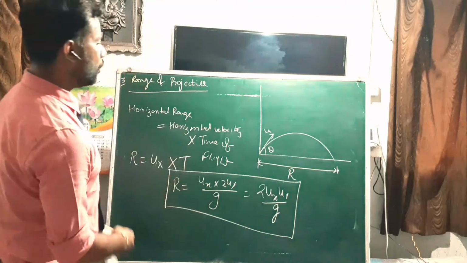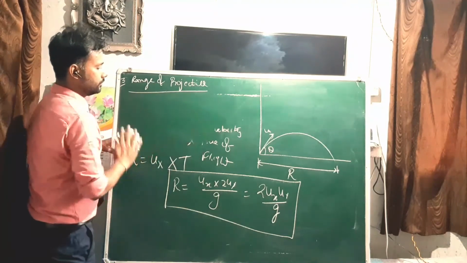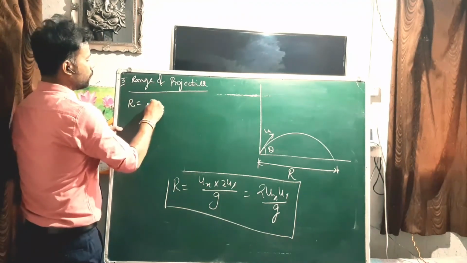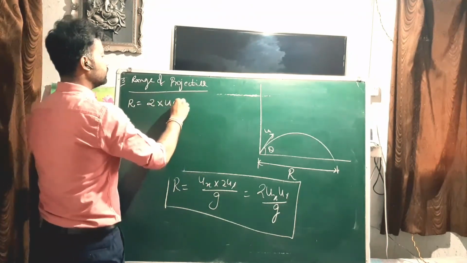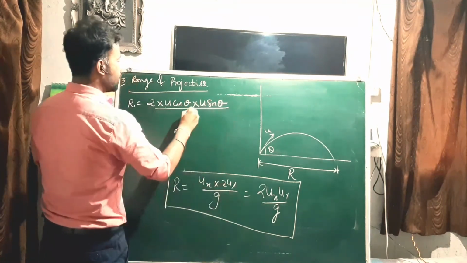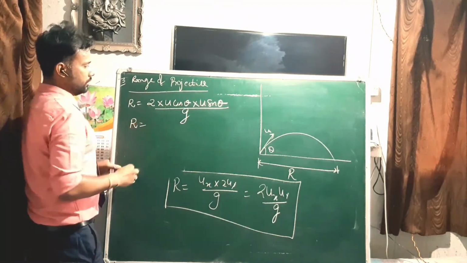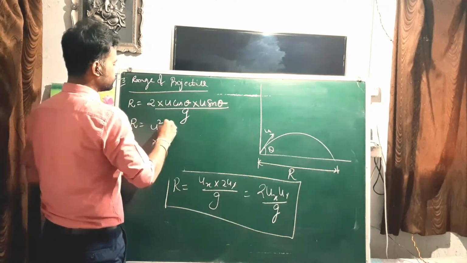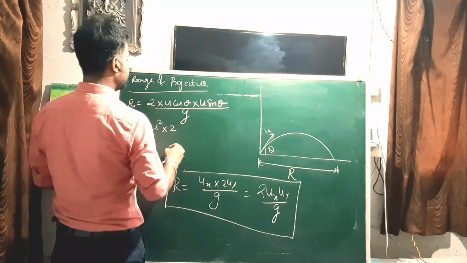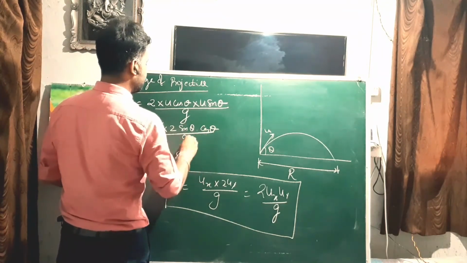Now if you put the value of ux and uy, then you can take a screenshot. So r equals twice of ux, which is u cos theta, and uy, which is u sine theta, divided by g. Alright. So this can be written as r equals u square into 2 cos theta into sine theta upon g, right?